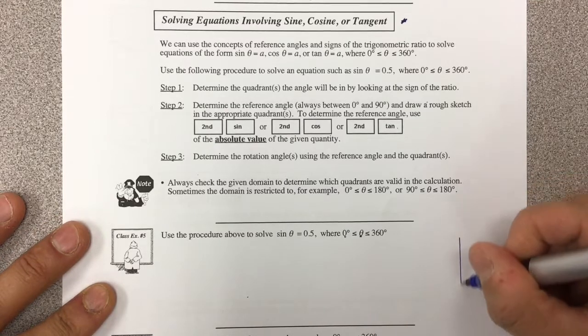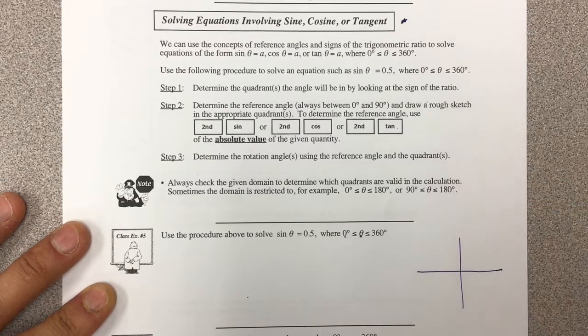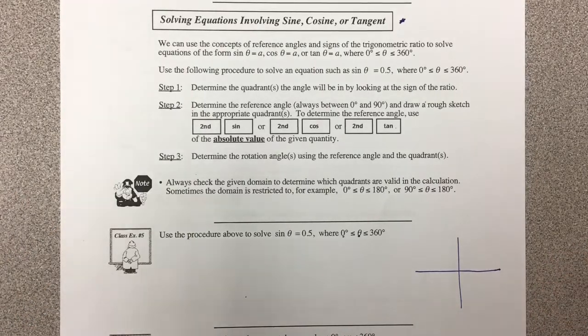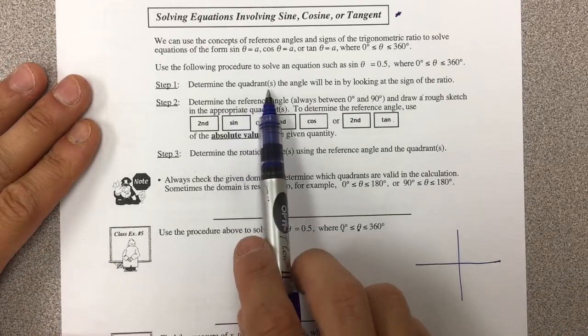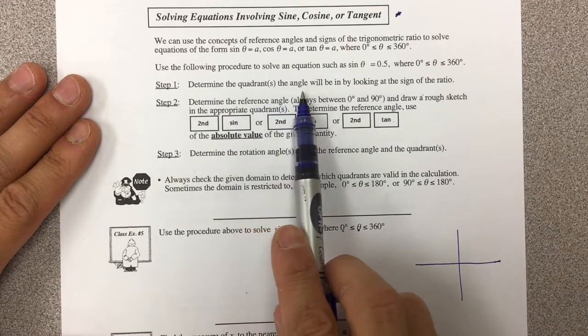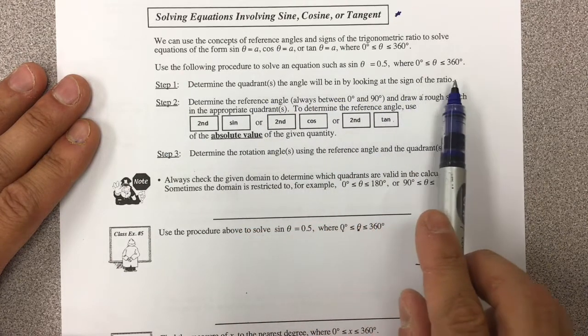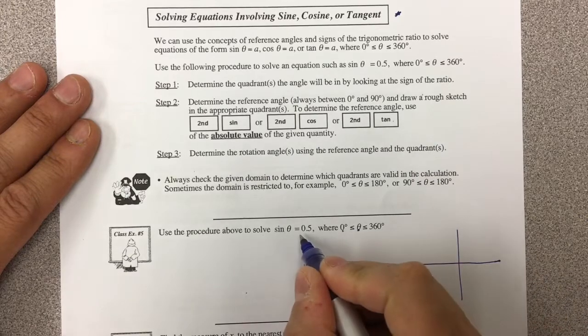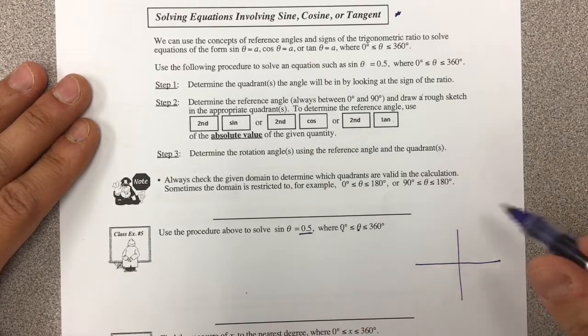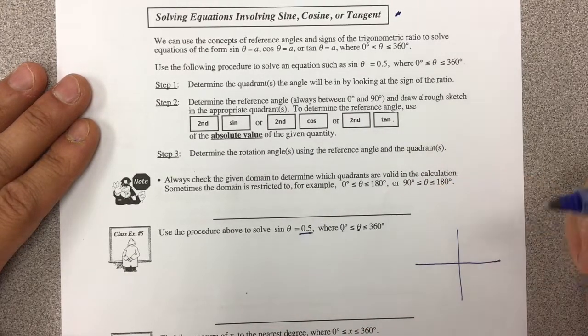All right, so we know that it is somewhere on this quadrant, and it's not going to be greater than 360 degrees or less than 0 degrees. So it's being rotated in standard position. Now, step 1, we want to determine the quadrant or quadrants the angle will be in by looking at the sign of the ratio. My ratio is right here, and the sign is positive because there's no negative.